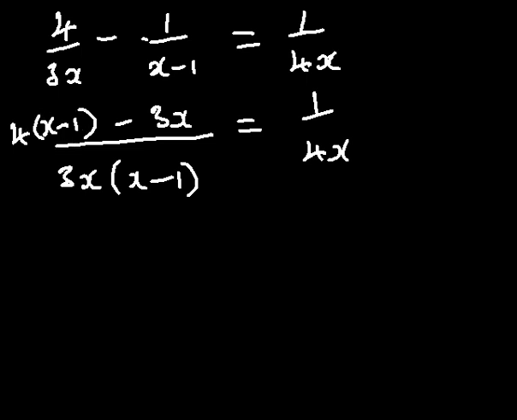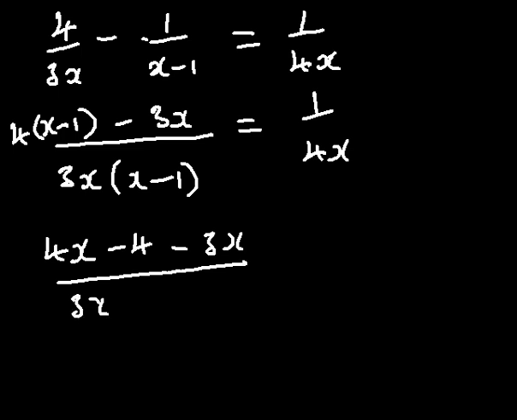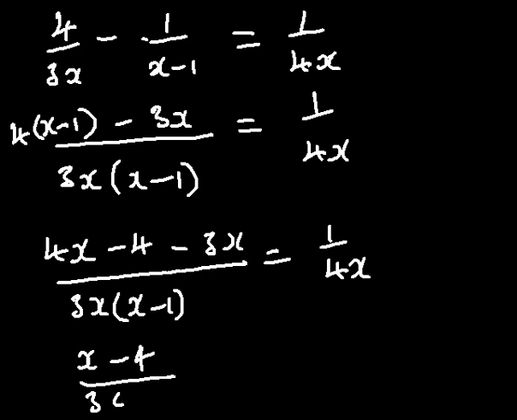That will be 4x minus 4 minus 3x, divided by 3x times (x minus 1), equal to 1 over 4x. Then the like terms give x minus 4, divided by 3x times (x minus 1), equal to 1 over 4.